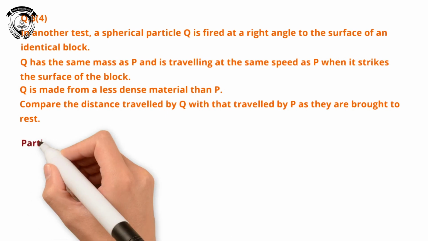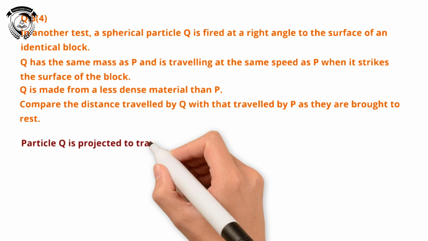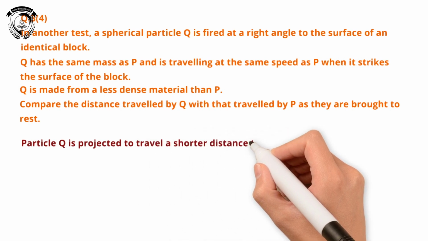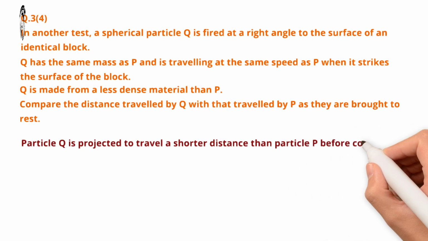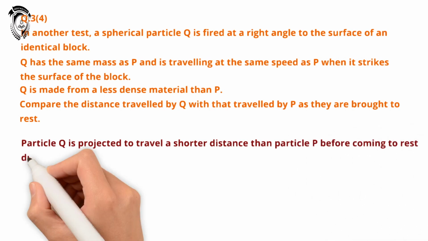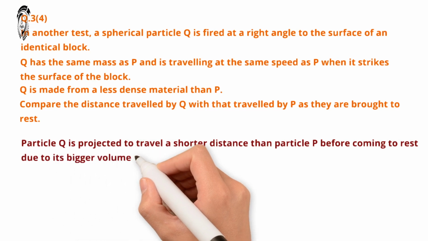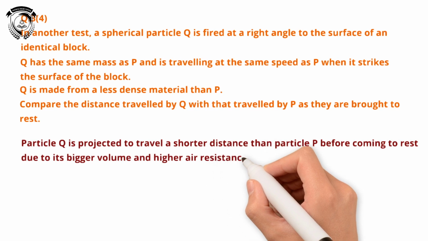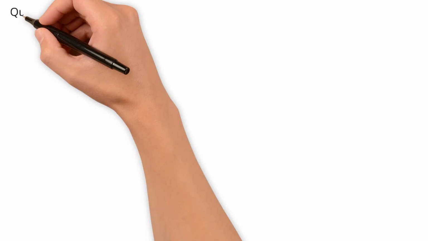Our conclusion is that particle Q, since it is going to experience a greater amount of air resistance, is going to slow down earlier, so it is going to travel a shorter distance. Particle P is made up of more dense material and will encounter less air resistance, so definitely it will travel a longer distance. Let's start with question 4.